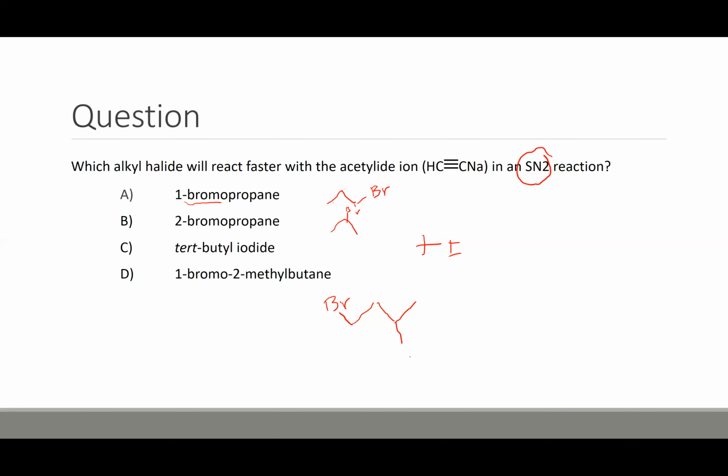Okay, so oh, I put my methyl in the wrong place, right here. So even though, for example, this group and this group both have the bromine on a primary carbon, you can see that group A is going to be the one that has the least steric hindrance. And remember, that's important. You want these primary chains for this type of reaction, for an SN2 reaction, with the least amount of steric hindrance. And so A would be the answer.